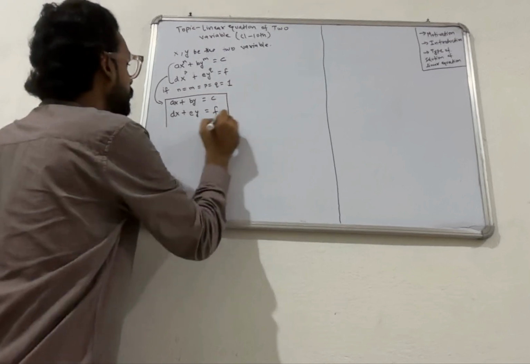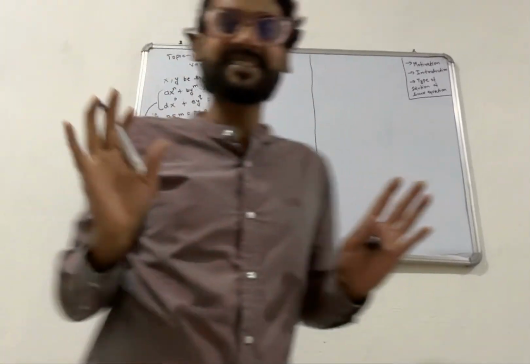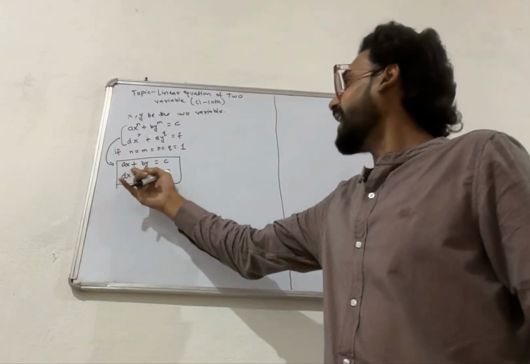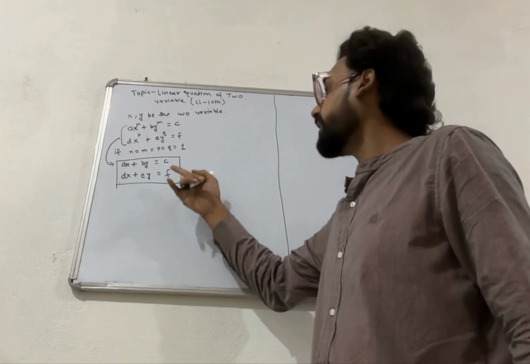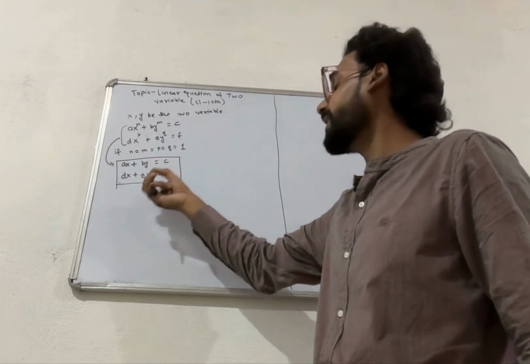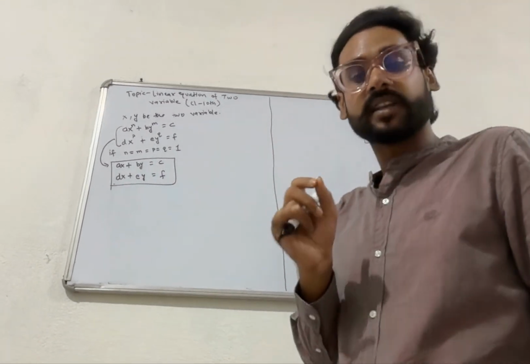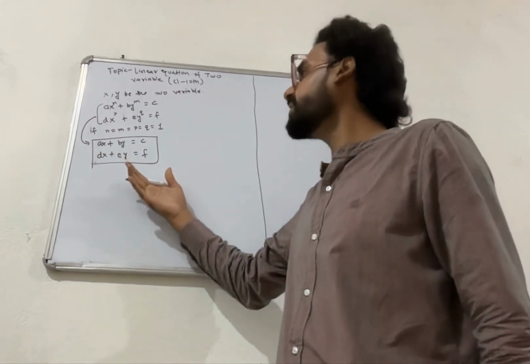So these are algebraic equations, and when the power of the variable is equal to 1, then we can say that it is a linear equation.